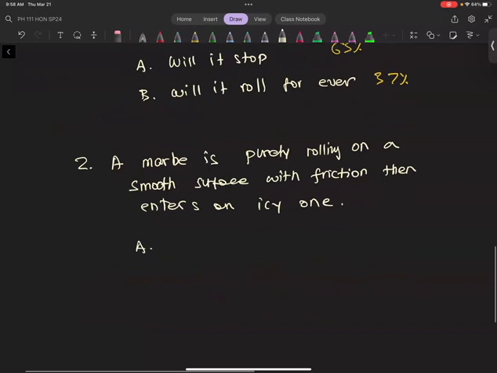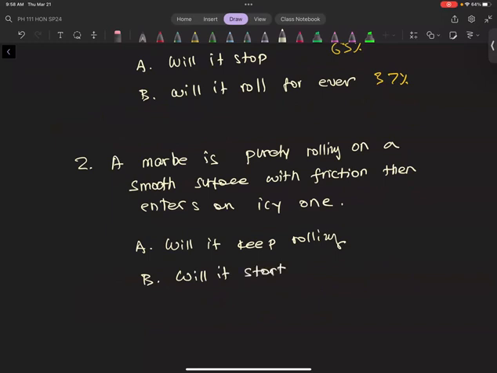A, will it keep rolling? Or B, will it start skidding or sliding, if you will, or sliding, skidding, the same thing. You get the point, right? Now, the question will be open now.